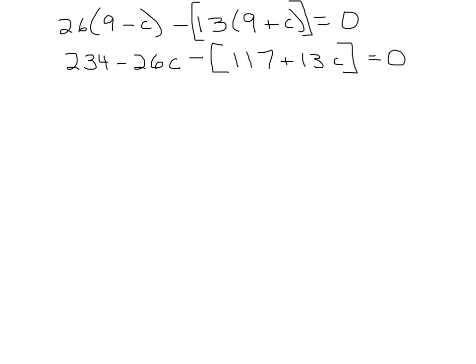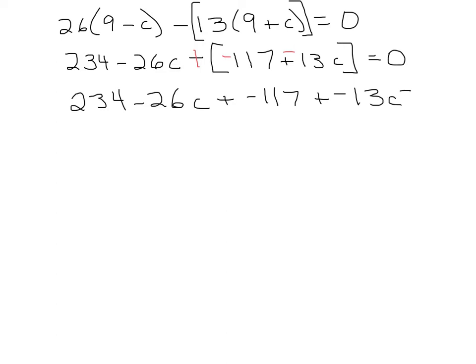Okay, so let's distribute the negative sign, and that gives us 234 minus 26c, change the signs of everything inside, plus negative 117 plus negative 13c equals 0. So now we have 234 plus negative 117, which gives us 117. And then we have minus 26c minus 13c, so that gives us minus 39c equals 0.